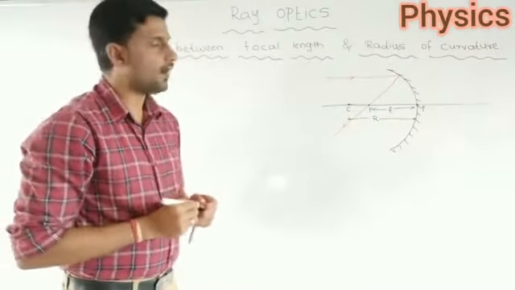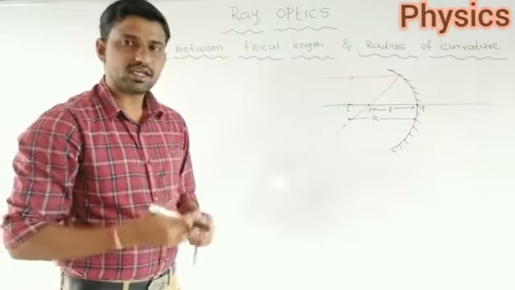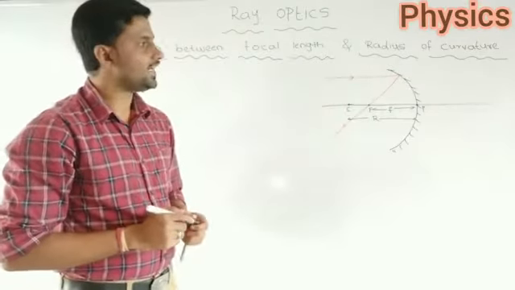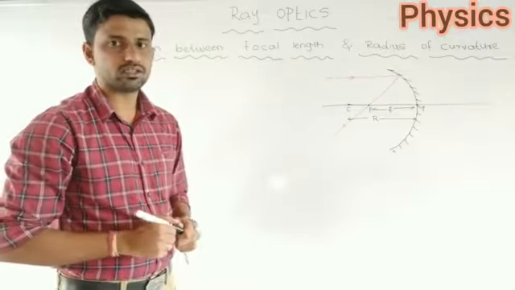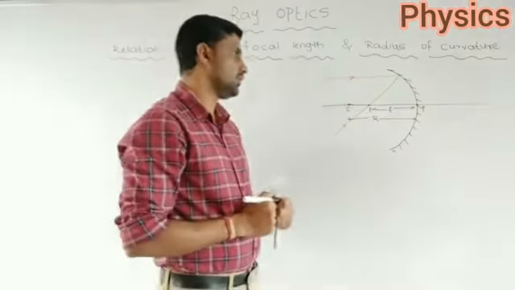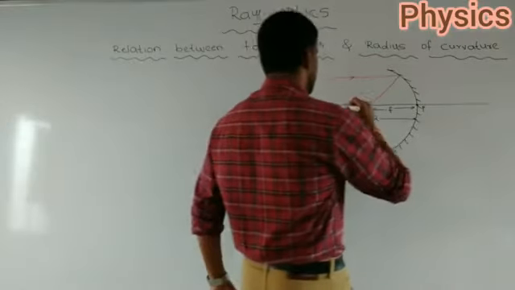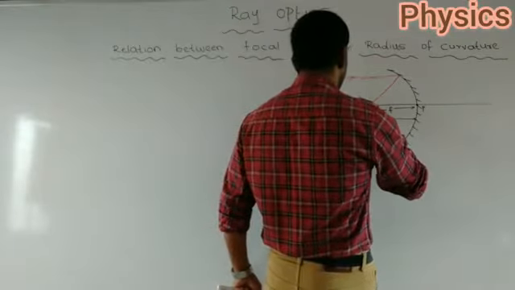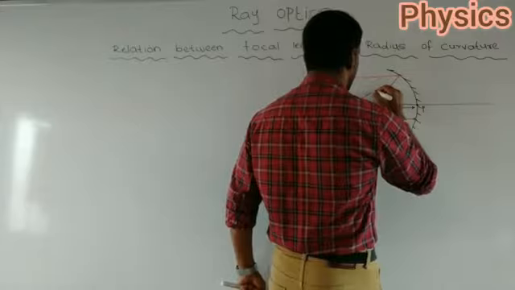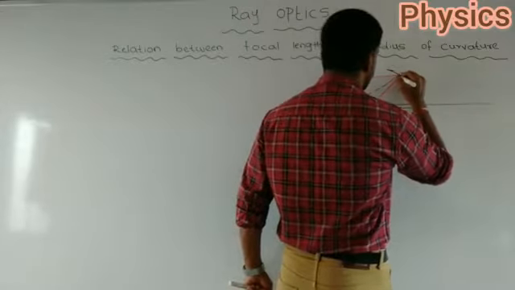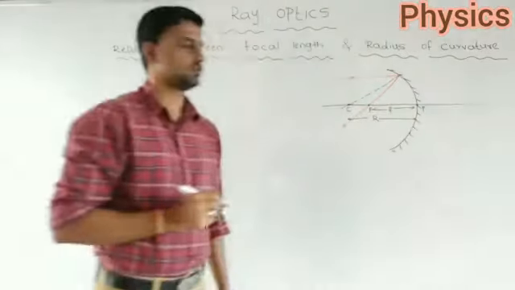Now I want to find the angle of incidence and the angle of reflection. To find them, I should take one normal. We know how to take the normal. I have to take one normal, and that line should pass through the center, like this. So this is the normal.